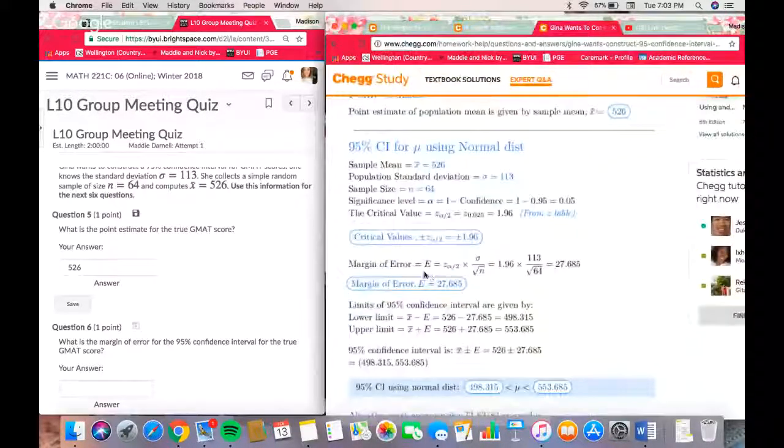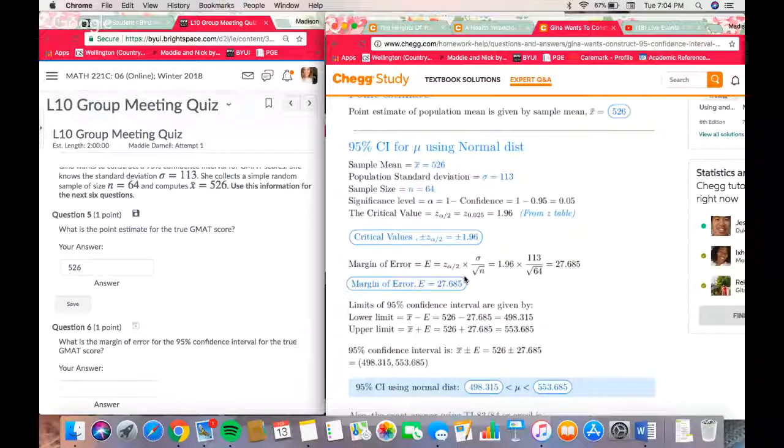Okay, so see right here, this is the margin of error equation. But basically, you do E equals the z-score. I don't remember what this little symbol is.